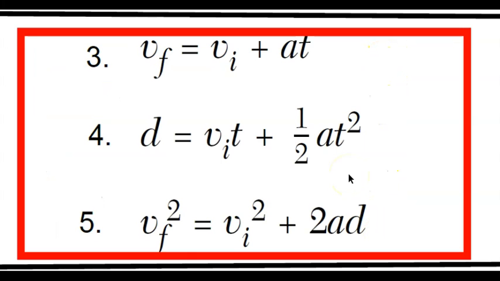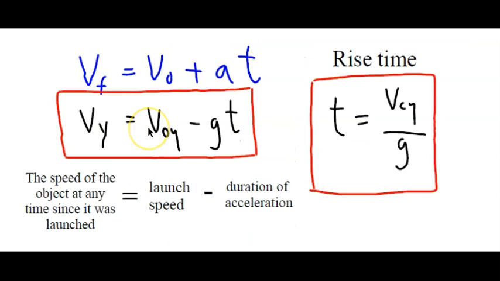Let's take a look at how equations 3, 4, and 5 are modified to accommodate a vertical projectile scenario. Starting with equation 3, Vf equals Vo plus At, we realize that the only modification would be that gravity replaces the acceleration, and you must use a negative sign. Let me interpret this for you.